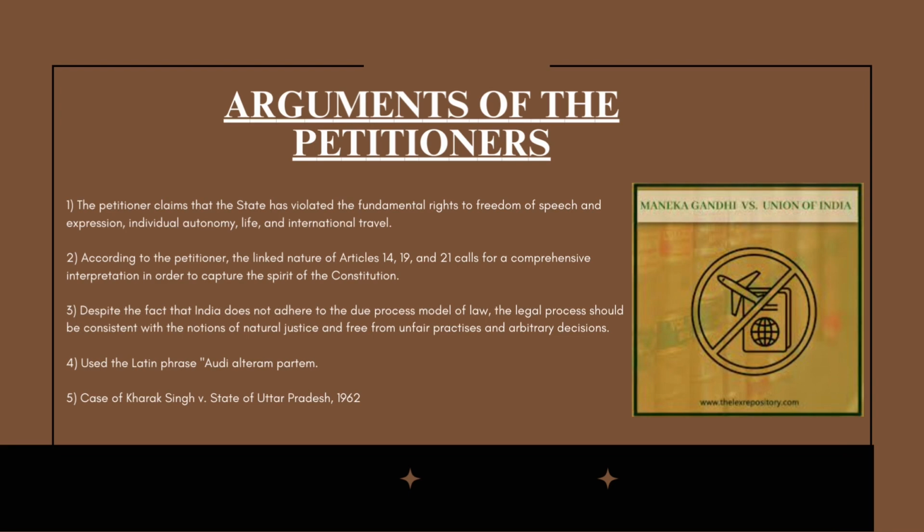Here they use the Latin phrase audi alteram partem, which means listen to the other side as well, by giving the other side the chance to be heard, and it is a part of the natural justice principles, and she said that she had not been given this opportunity.